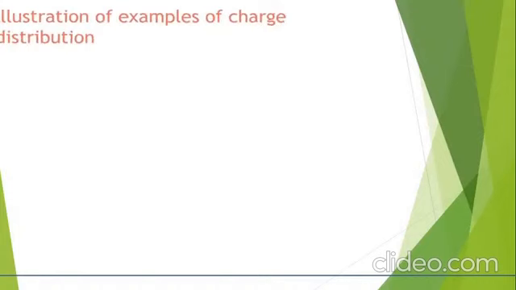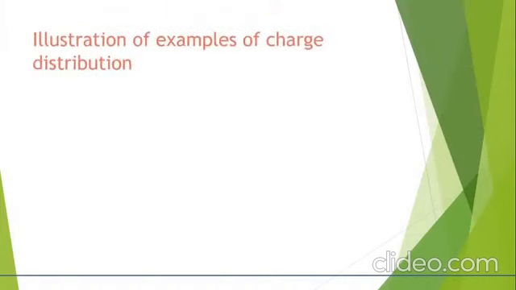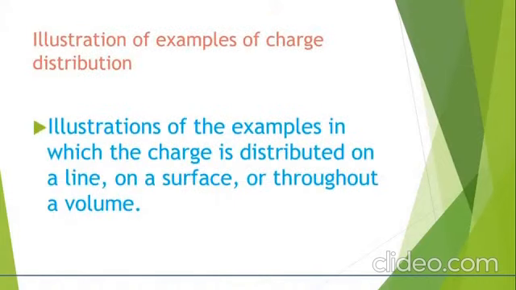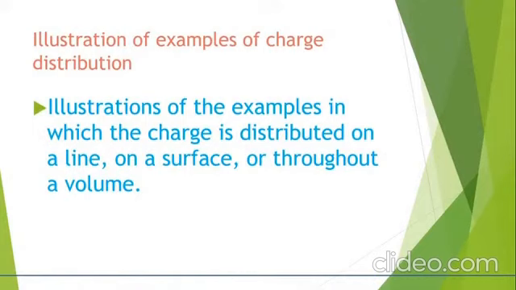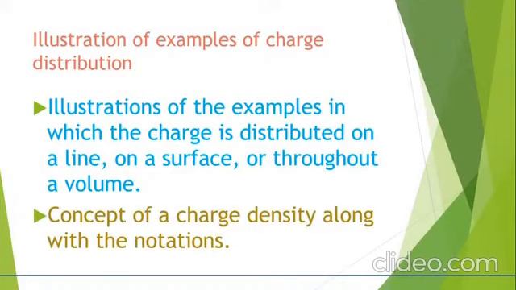Now we'll discuss an illustration of the charge distribution. To illustrate this type of calculation, the charges may be distributed along a line, over a surface, or throughout a volume. So when performing such calculations, it is convenient to use the concept of charge density along with notations. Now example number 1.